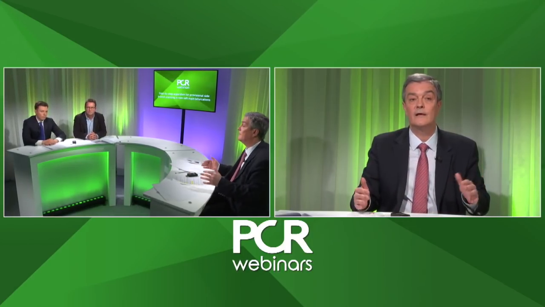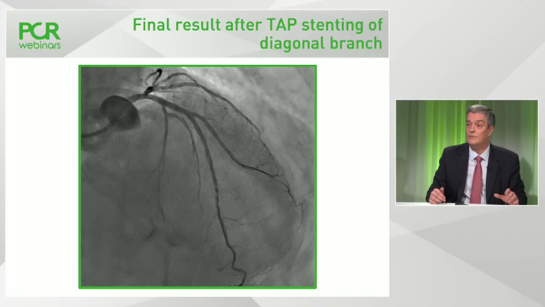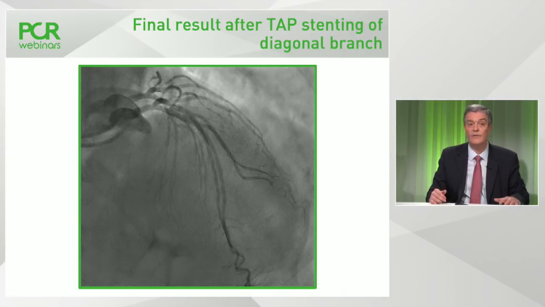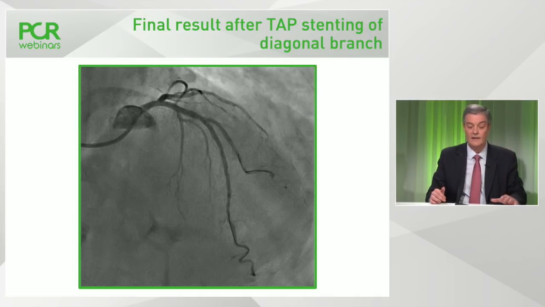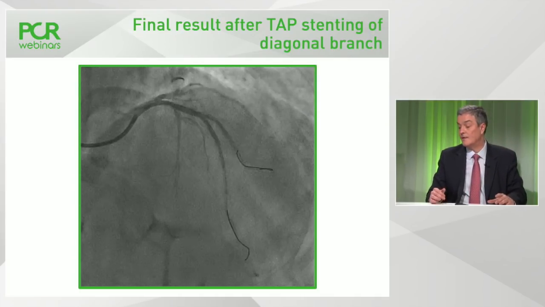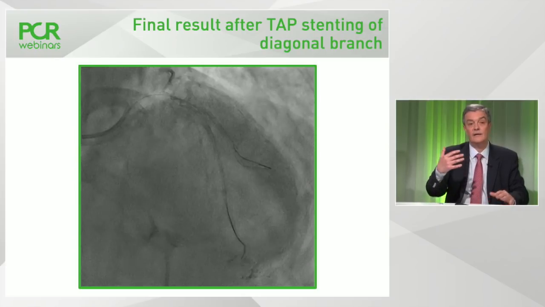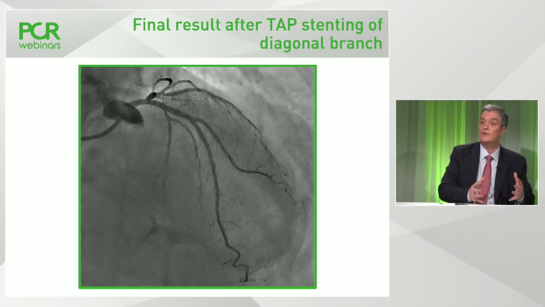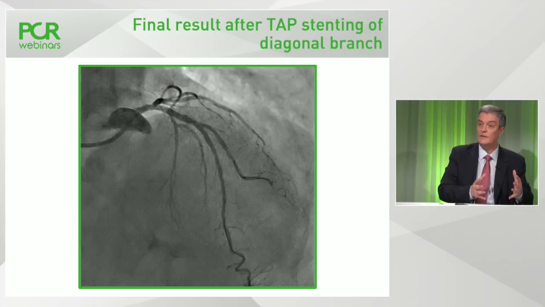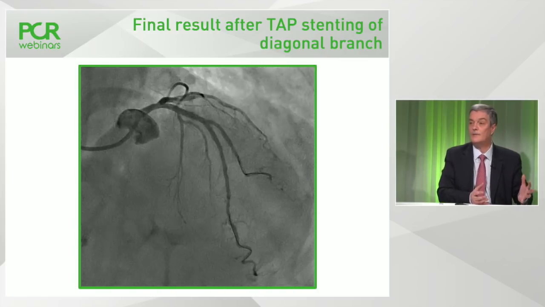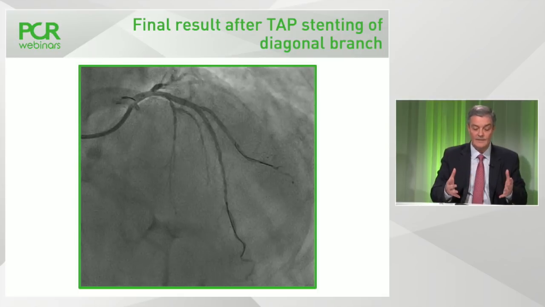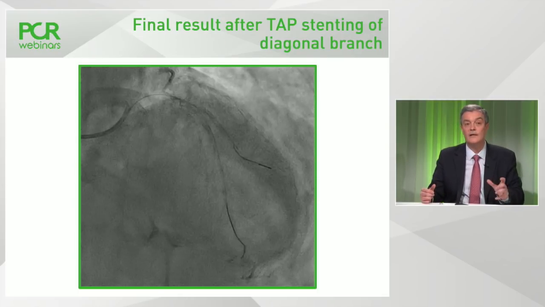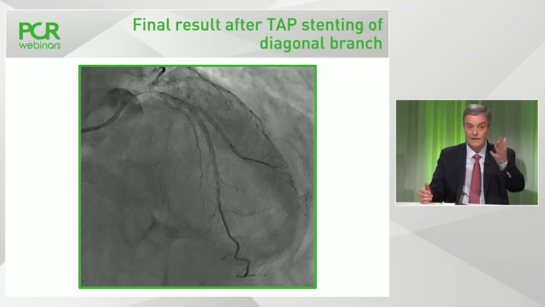In this case, the result was suboptimal, so stenting the side branch was done because, as you said, after dilatation we compromised the flow, and the TAP stenting technique was used for the diagonal branch. So I believe that for the purpose of the seminar, we intentionally focus today on stent optimization as probably the most important aspect of the provisional side branch stenting strategy, and we will see in the next session how to optimally perform the TAP technique.